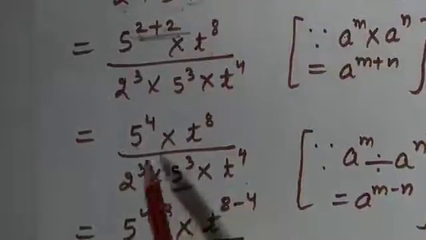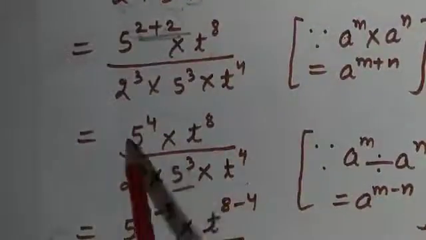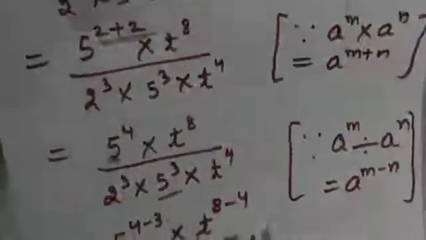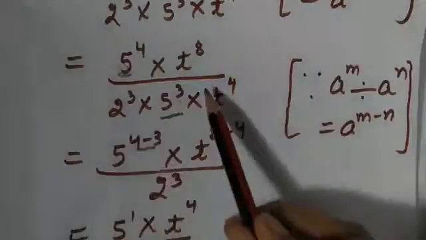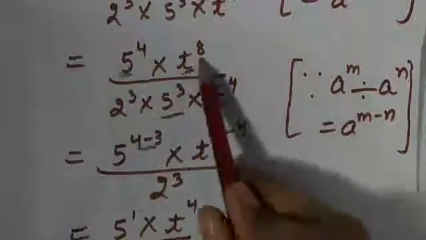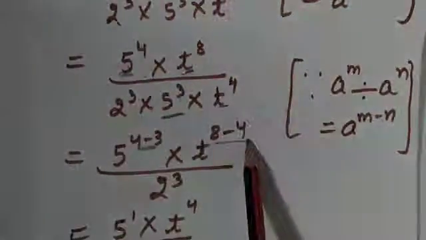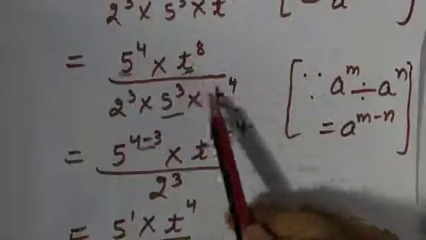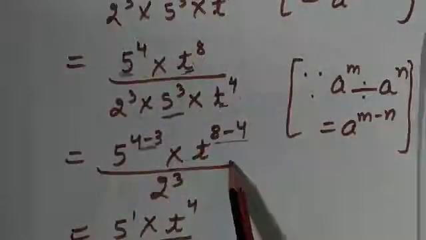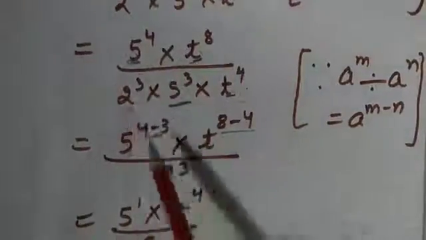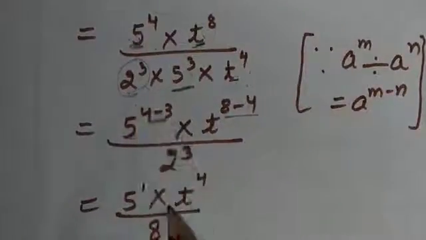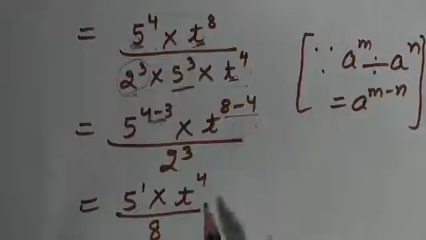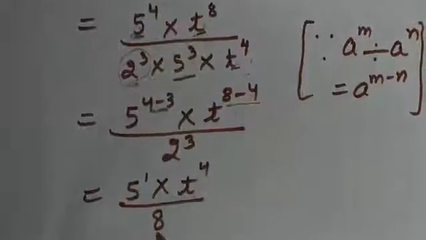Now same base and division, so powers get subtracted, so it will be 5 raised to the power 4 minus 3, and this remains the same in the denominator. Now it will be 5 raised to the power 1 into t to the power 4, divided by 8, because 2 to the power 3 is 8.